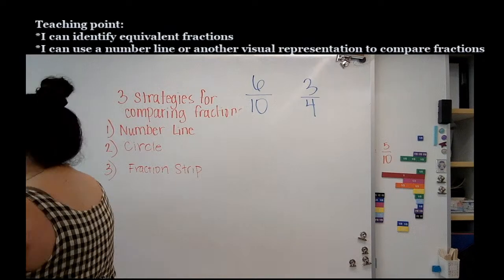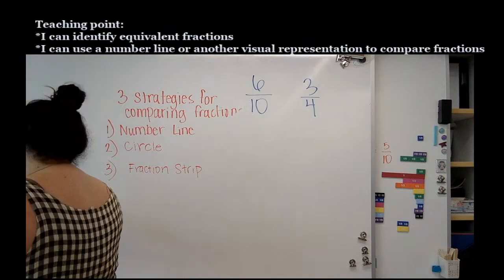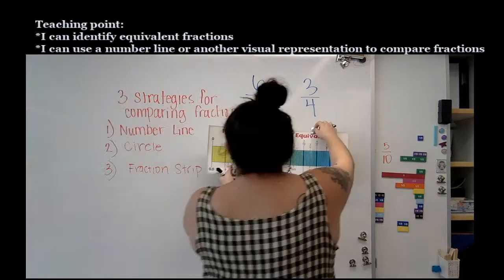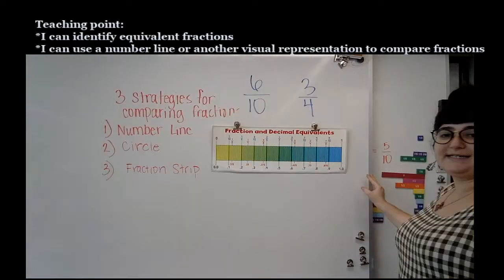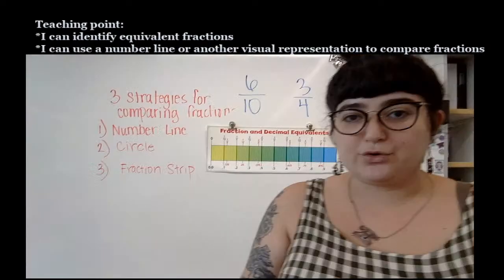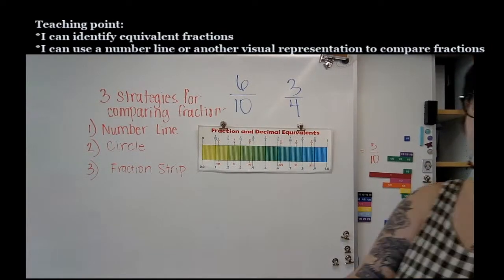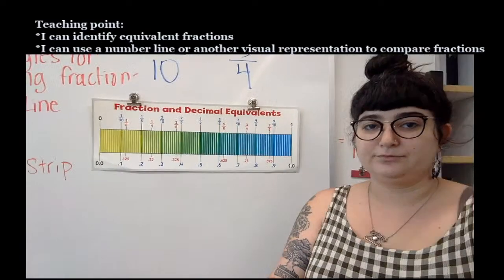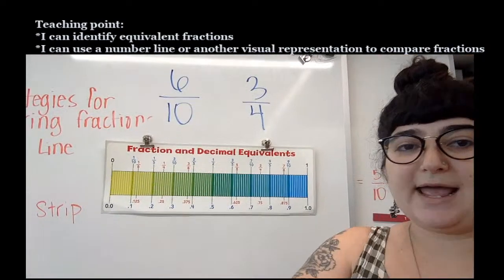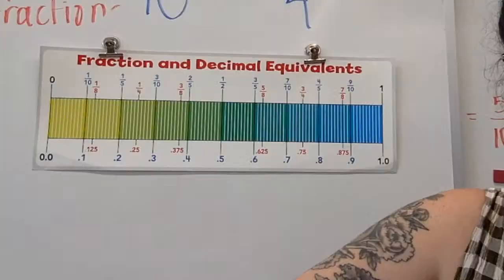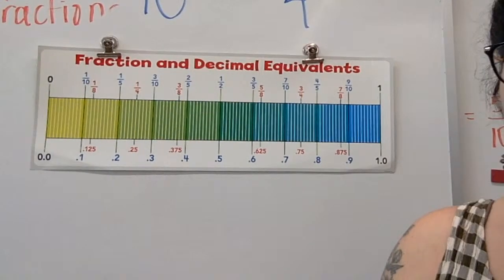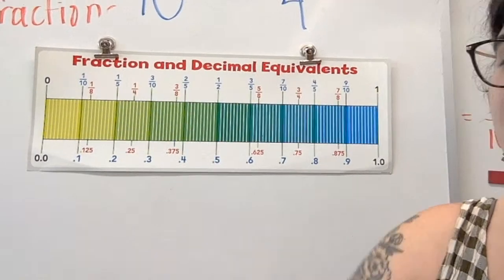And I really want you to think about, how can I tell on a number line if 6/10 is greater or less than 3/4. Okay, so this is perfect. So this will be nice and close. You should be able to see this.